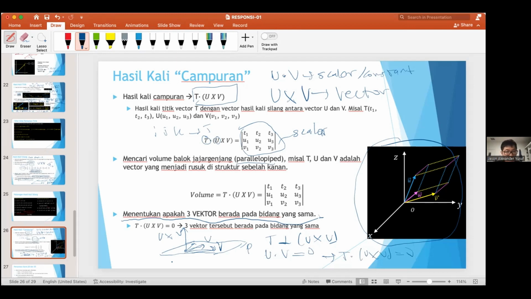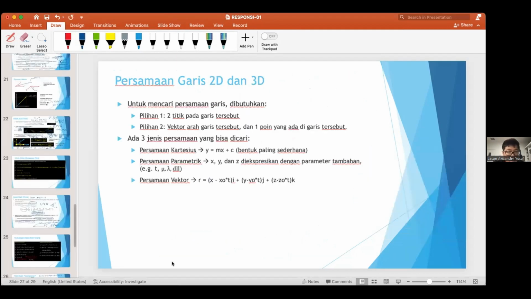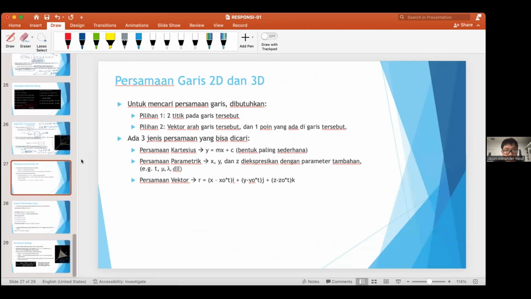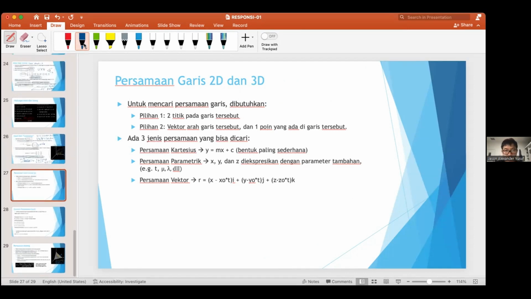Okay, so next is finding a line equation. There are many types of cases that you can get in your exam, but the general ones are: you are given 2 points on the line, or the second choice, you are given the directional vector of the line.